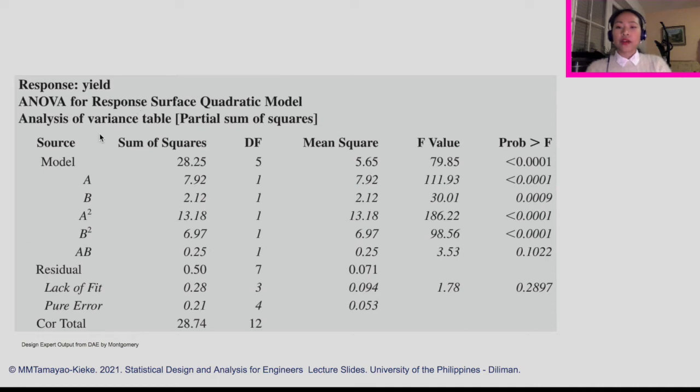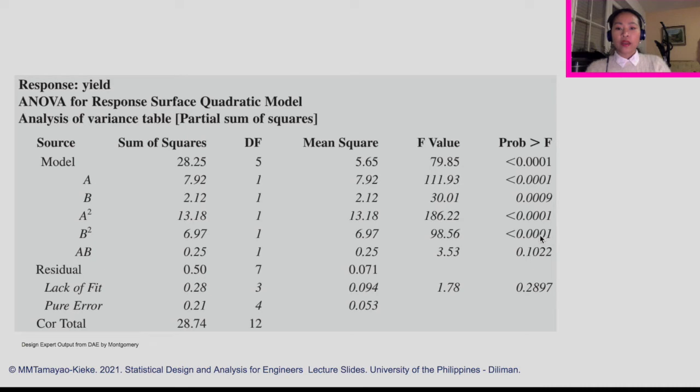For the quadratic model, this is the ANOVA. As you can see here, we have the linear terms, the pure quadratic, and then the interaction, all of which are significant at 10%.